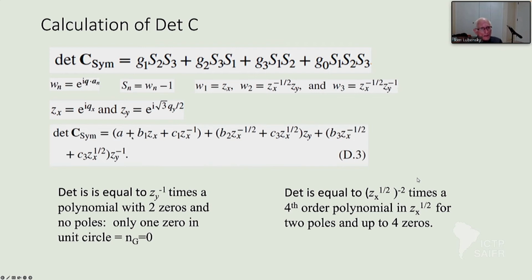So this is of the form of a constant, Zx plus Zx inverse, Zx to the minus a half plus Zx to the plus a half, and then a 1 over Z on the outside. If you look at this, you can factor out a factor of Z to the minus 1, and that then multiplies all the rest by a Z. What you have then is a second-rank polynomial in Zy multiplying 1 over Z.